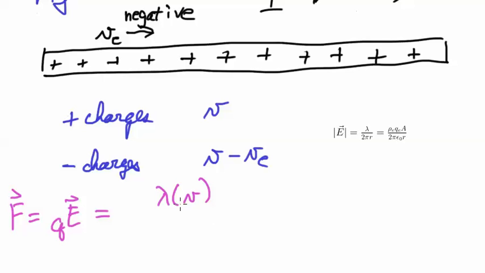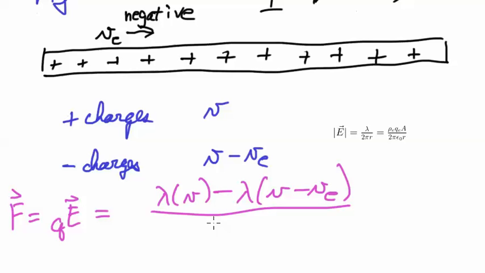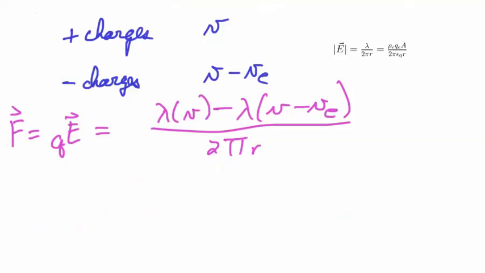Lambda of v is going to be a positive charge, and we'll be subtracting lambda of v minus v sub e, all over 2 pi r. But let's go ahead and replace those v's with beta. So it'll be lambda of beta minus lambda of beta minus beta of electron.